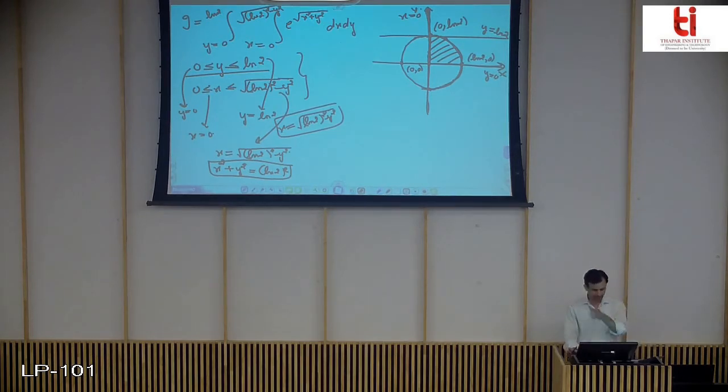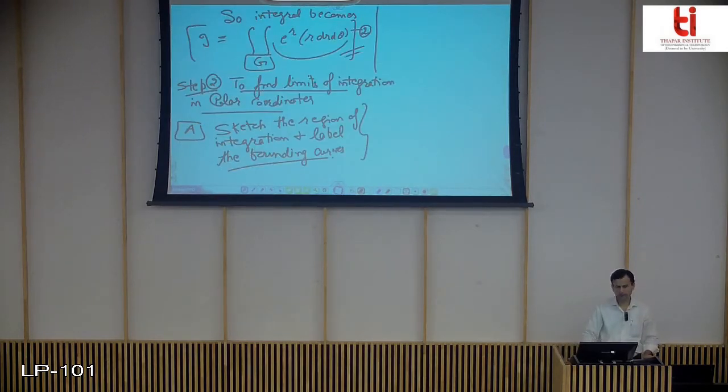So now you can see here, sketching the region of integration is not that difficult, even in Cartesian. It is simple. What was difficult was the integral itself to evaluate. That is why we are switching to polar. So in polar, the first thing we have done is change the integrand f(x,y) dx dy into polar, and the only thing left is the limits of integration.